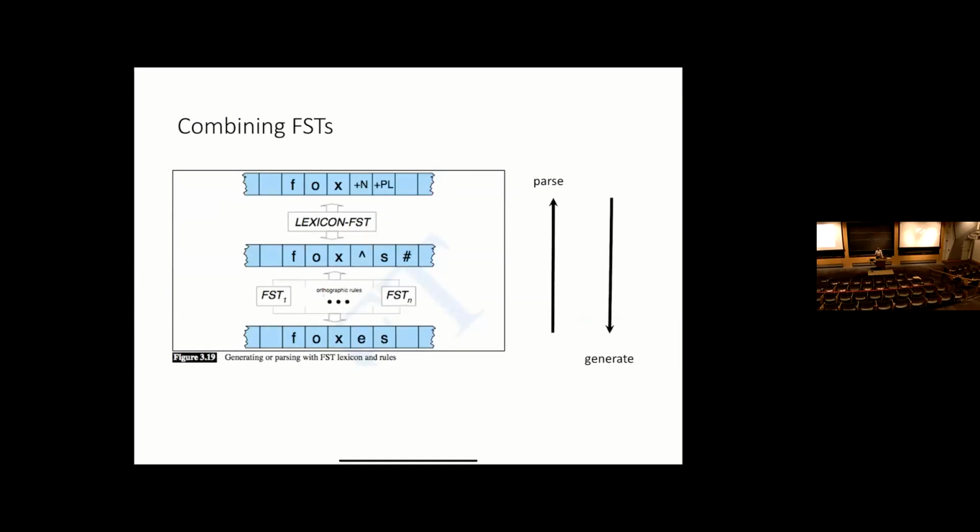So here's the interesting thing. If you have a lexicon FST, this is the morphotactic FST, and the allomorphic FST, the orthographic rules, you can join them together.